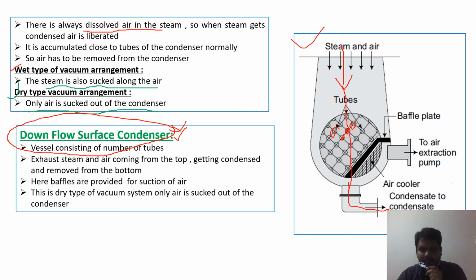That condensate will be collected from the bottom. When steam passes over the tubes, the steam will liberate the air. That air we collect by using the baffle plate. Here we are extracting only air, so it is a dry type vacuum arrangement. So this is regarding the downflow surface condenser.